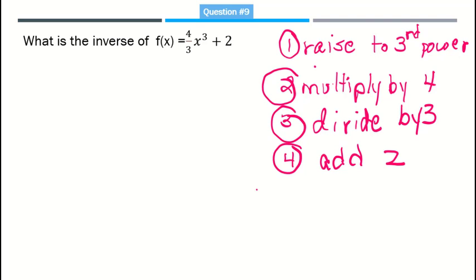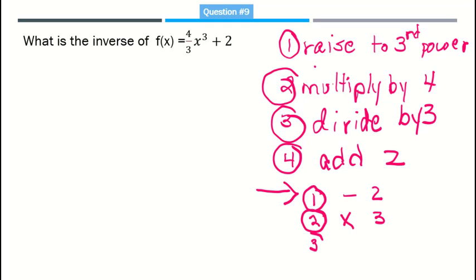Now the inverse must perform the operations in reverse. So the inverse, we'll start with number 4, is going to subtract 2. And go up to number 3, that's going to be our number 2. We're going to multiply by 3.